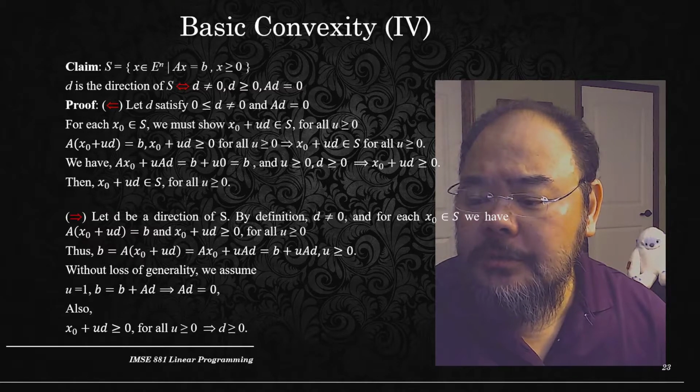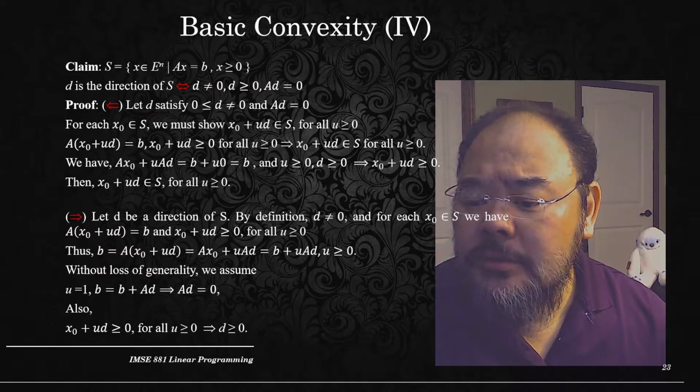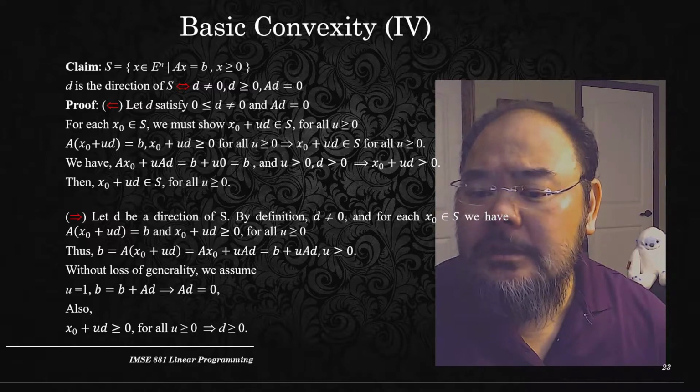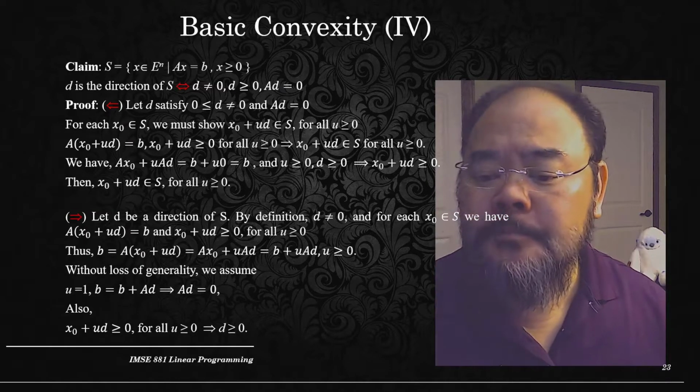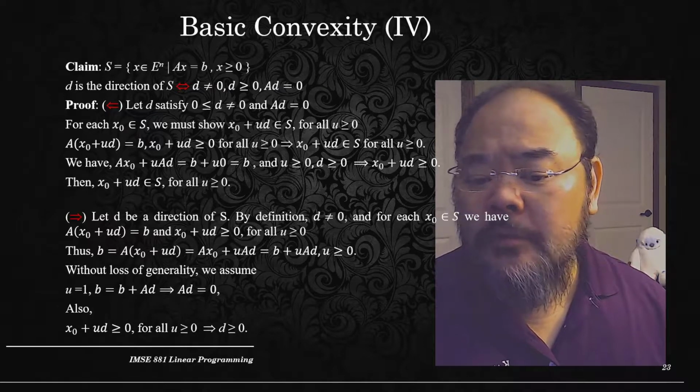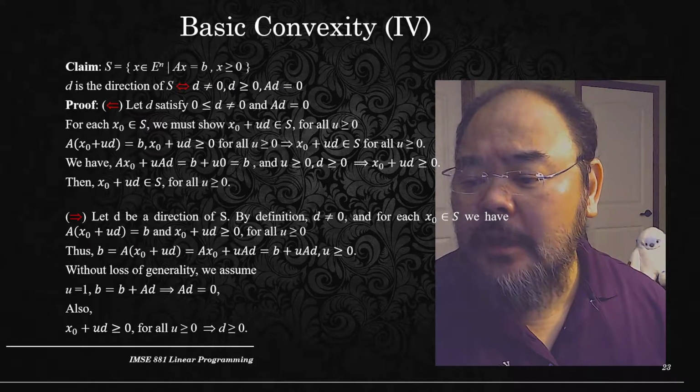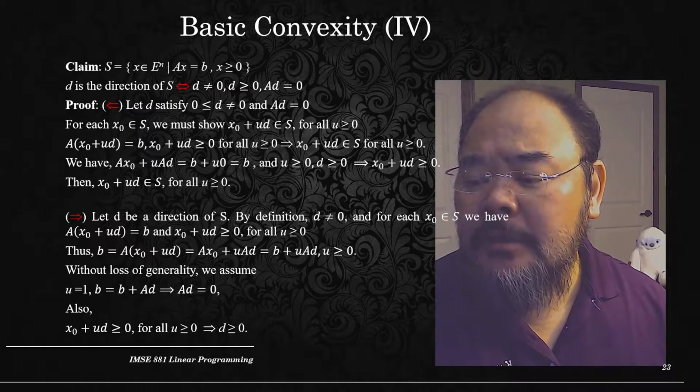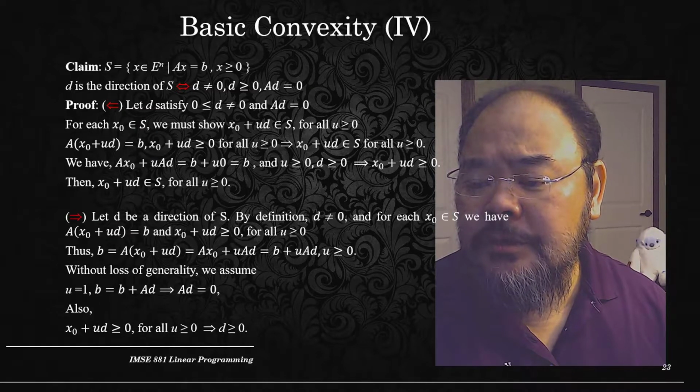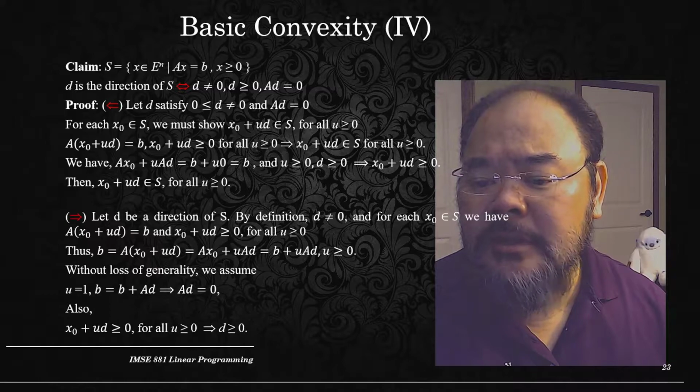We expand this portion: A times x naught plus u times A times D equals B plus u times 0, because A times D equals 0 based on the assumption. Then we can make sure that A times x naught plus u D is exactly equal to B, so it satisfies the first constraint.